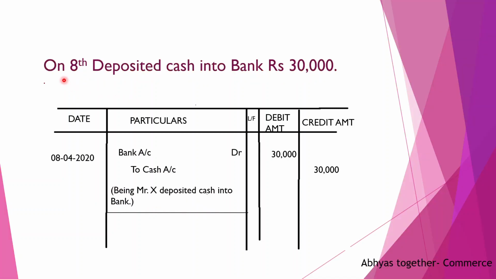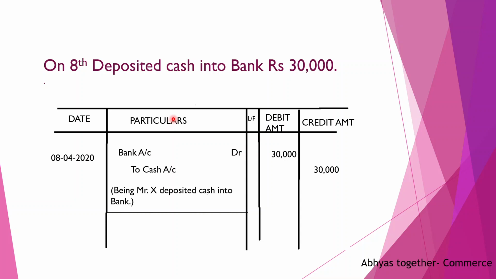Then the next entry is on 8th April, deposited cash into the bank. Now what is going outside? The cash is going outside, but we are getting the amount in the bank, right? Debit what comes in. Bank account is increasing. Bank is a receiver. We can even write it in this way. If we take bank as a personal account, debit the receiver. The bank is a receiver, and even by the same rule, the bank amount is a real account nature, right?